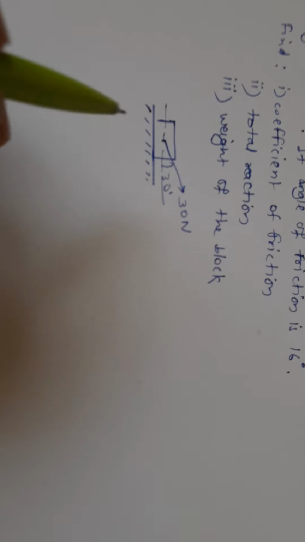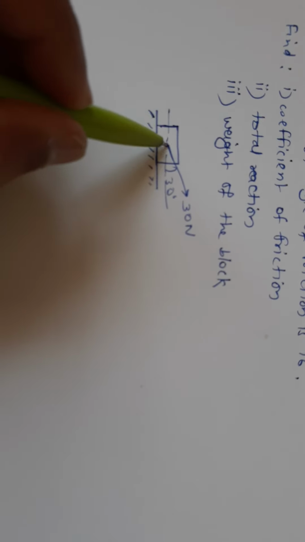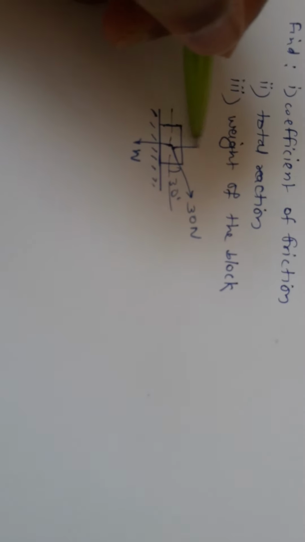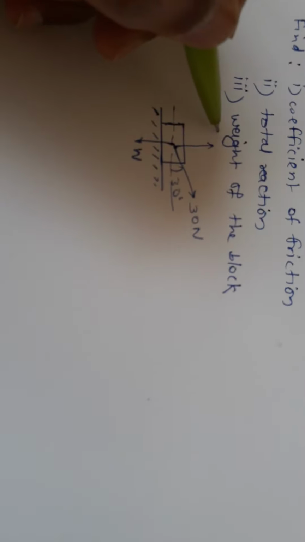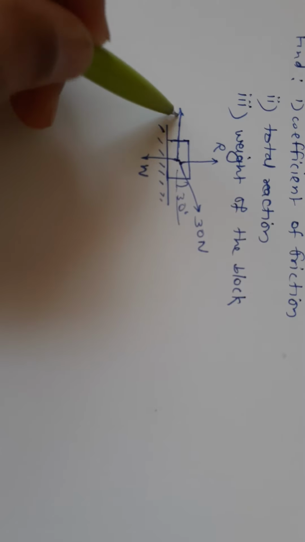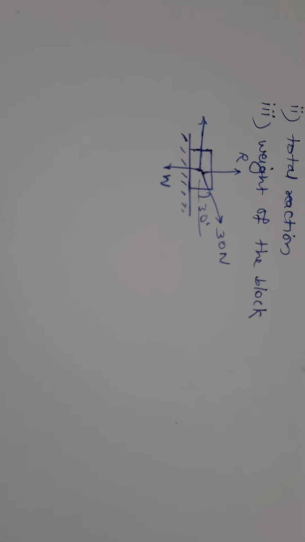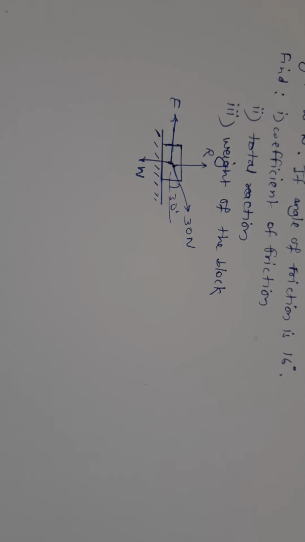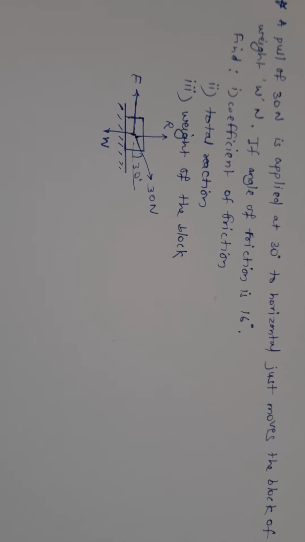Weight of block is not given, we have to find, which is in downward direction. Reaction on block is R, normal reaction. If the pull is in forward direction, then frictional resistance F will be in the backward direction. This free body diagram we can draw from the given problem statement.